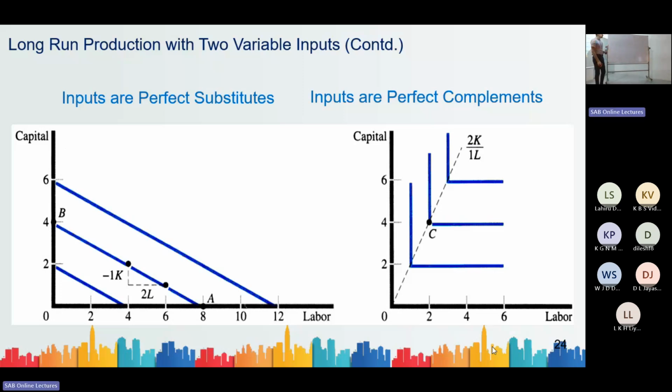So don't think that the slope of the isoquant is always minus 1, or that the marginal rate of technical substitution is always 1. That is not the case. Sometimes the slope value may be different from 1. For example, let's say there is a cleaning firm and it uses cleaning detergents, cleaning liquids.